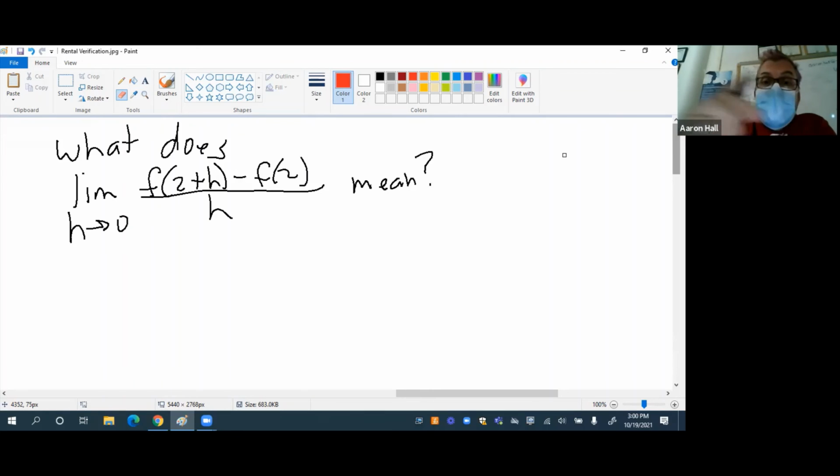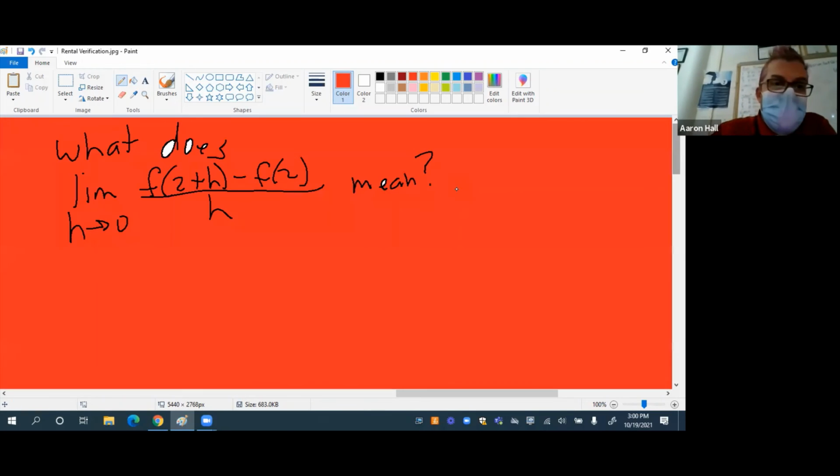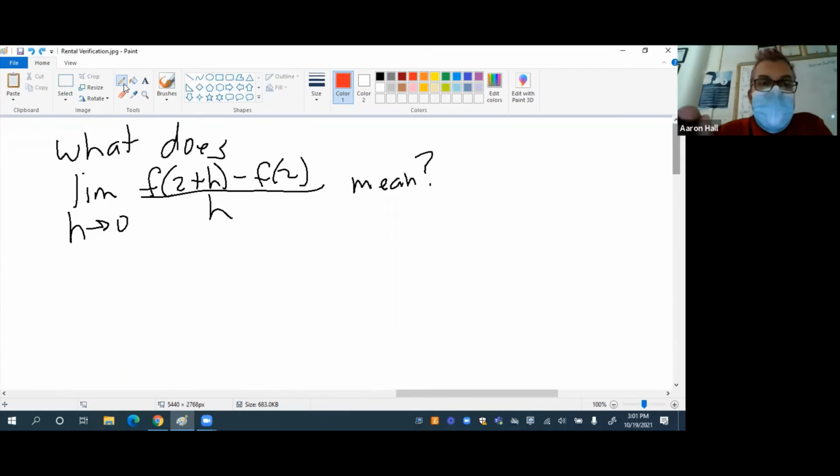Yeah, this is the same thing as f prime of 2. Do you see it? So I literally mean the slope.